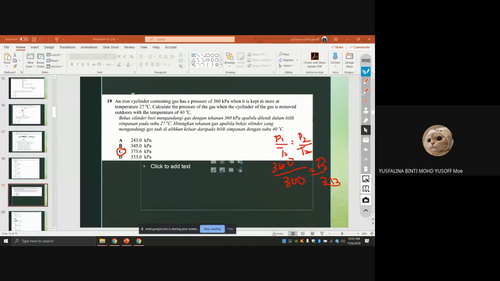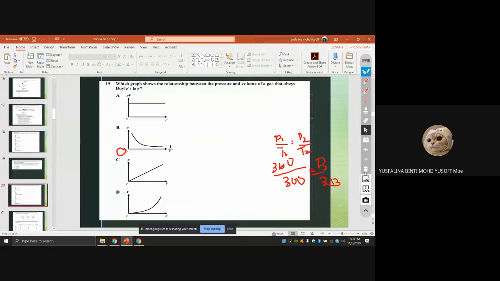Okay, next one. Which graph shows the relationship between pressure and volume of gas that obeys Boyle's law? For the graph of Boyle's law, if P against V, it should be inversely proportional.